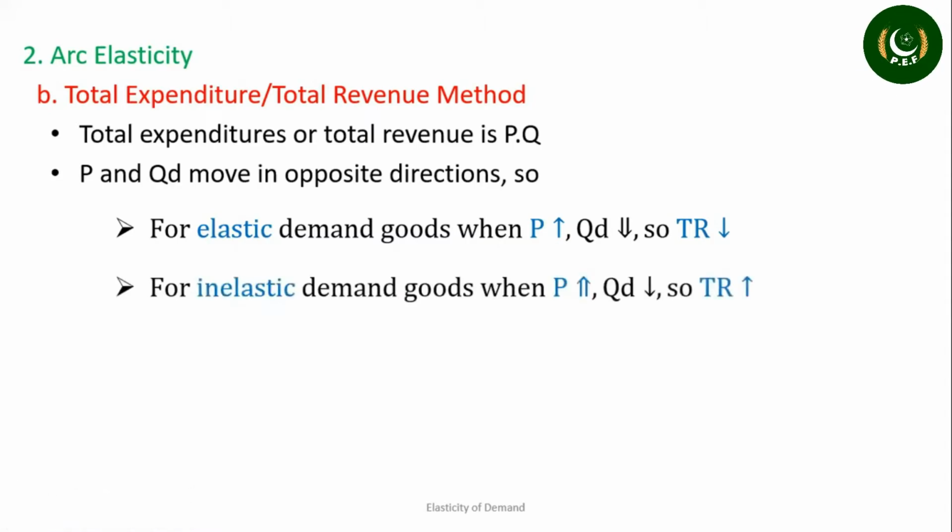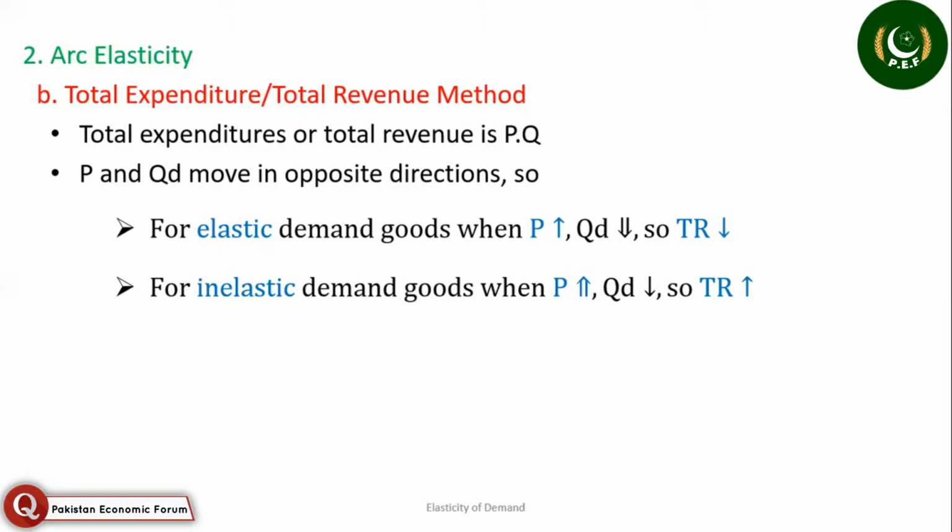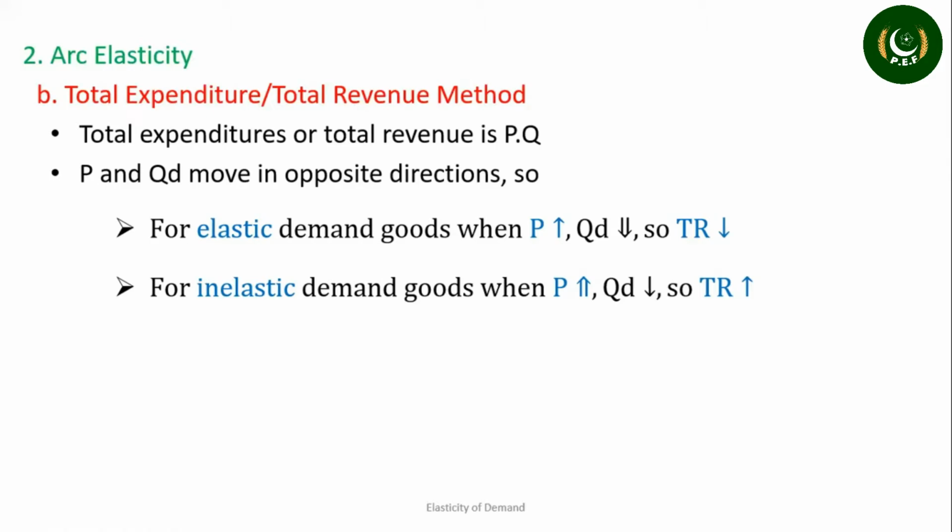And when an increase in price results in a smaller decrease in quantity, the price effect will dominate and hence the total revenue will increase. Therefore, whenever we see that the movement in price and the movement in total revenue are in the same direction, we can infer that this is a case of inelastic demand.